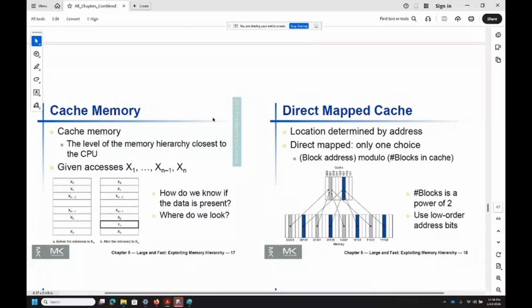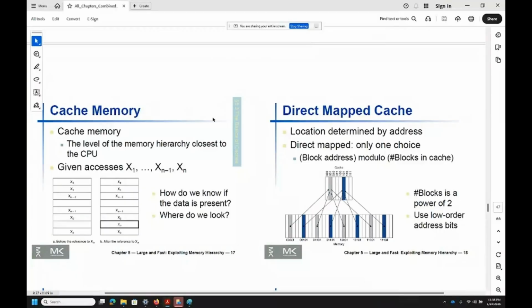So if you have a block address of say 51, and there are 50 blocks in the cache, it will be stored in location 1. If the block address is 49 and there are 50 blocks in the cache again, then it will be stored in location 49.